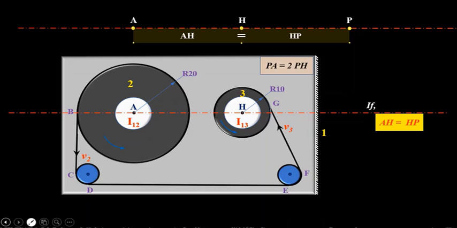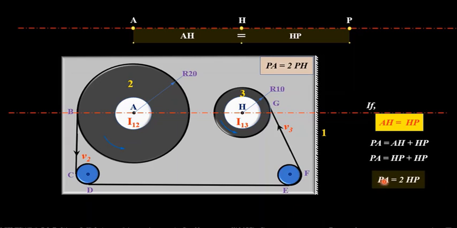So let's see. In this figure, this distance PA is equal to AH plus HP, but HP is equal to AH. So from this we can write PA is equal to 2HP. So that means we are fulfilling our previous relation which we derived earlier. So that means answer option C is the correct answer.